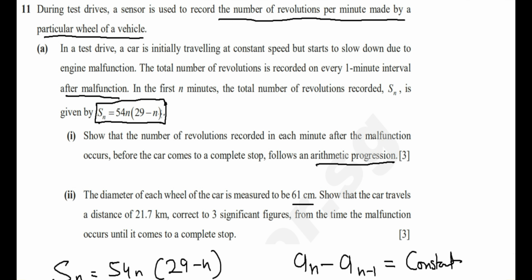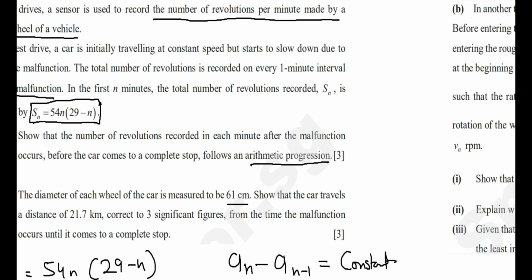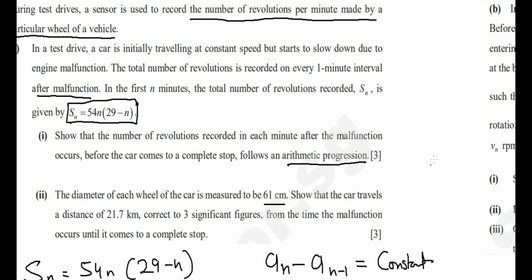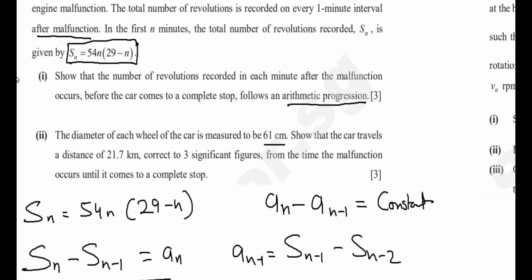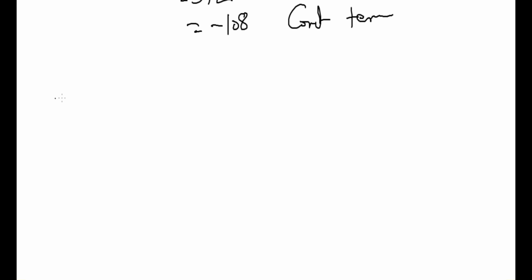If the car comes to stop, it means this Sn which we have here is going to be constant. So when it can be constant, that we need to check. There are two ways of checking it.